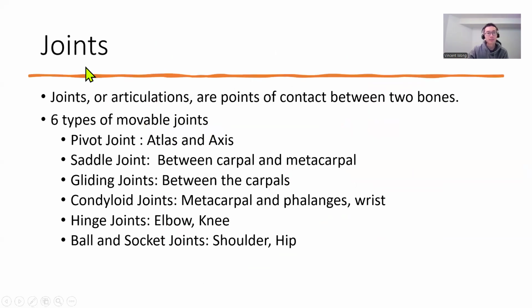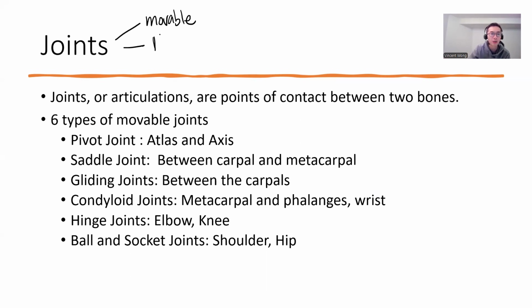Okay, joints. Joints are also called articulations. It's basically where two bones join together. There are three kinds of joints. We have movable, which is exactly what it sounds like, it creates a lot of motion.